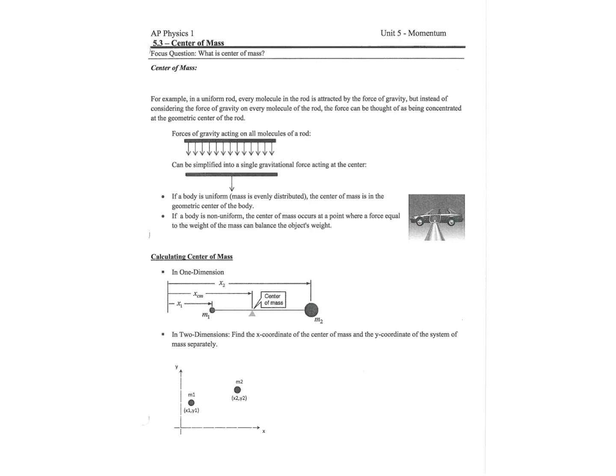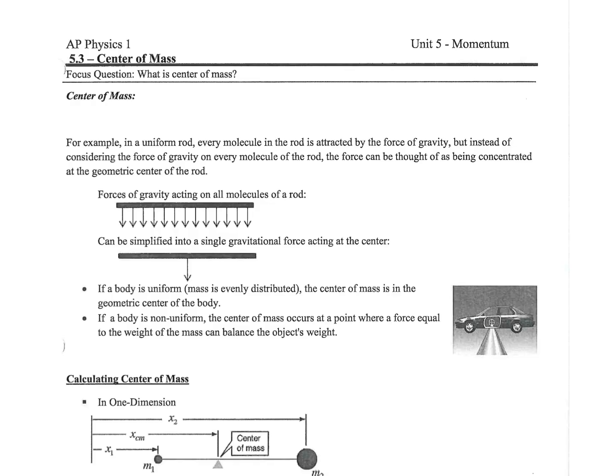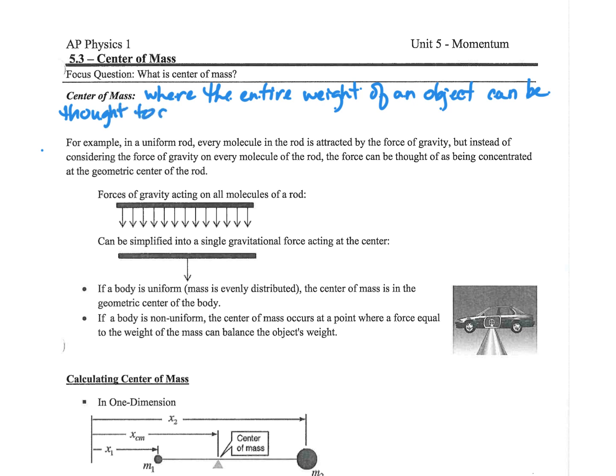All right. Today we're looking at center of mass. So let's start with the question, what is center of mass? Center of mass is where the entire weight of an object can be thought to center.